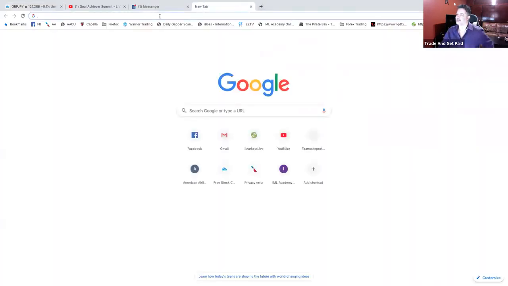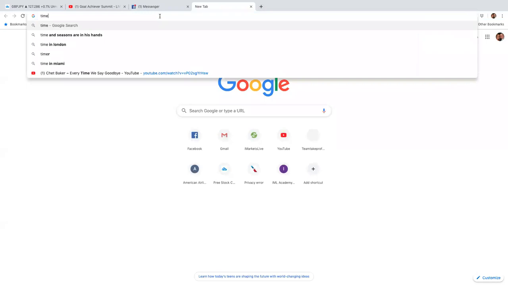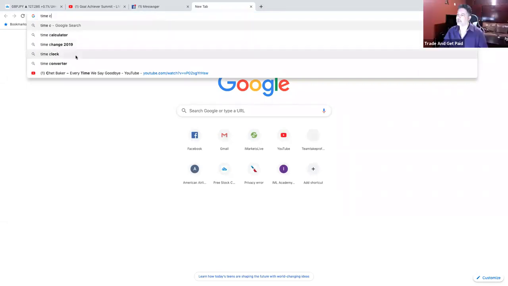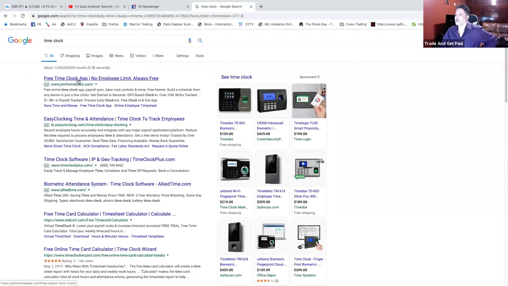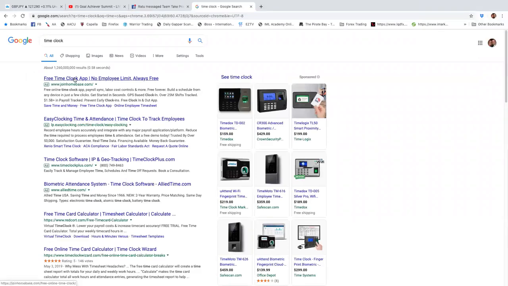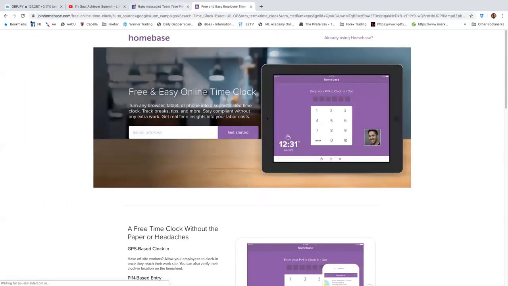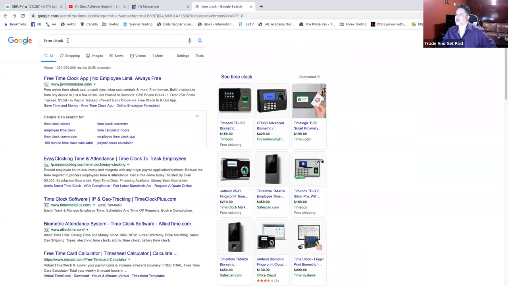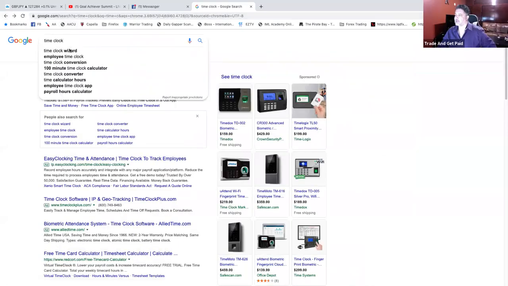Can you guys see this? A time clock. Where is it? Shoot, that's not it.